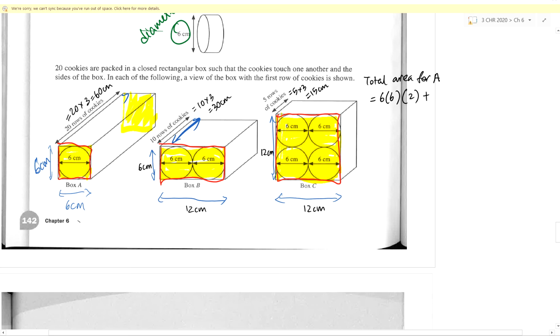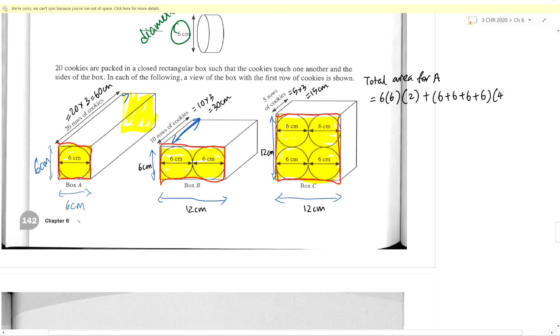The next thing we need to do is find the perimeter of the cross-sectional area, whatever I've outlined over here in red. It is not difficult. It is 6 plus 6 plus 6 plus 6, which is 24. And because the box is so long, a distance of 60 cm, we multiply this perimeter by 60 cm to get the other 4 areas, the lateral faces.